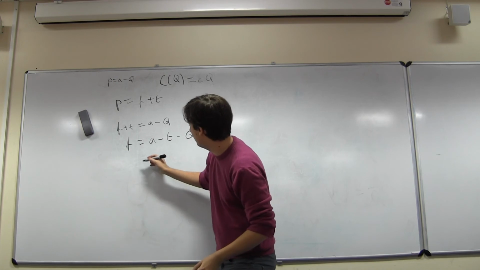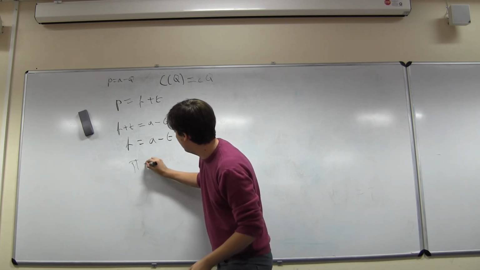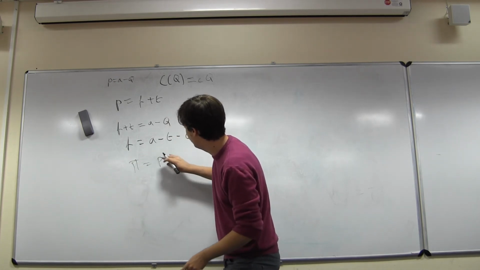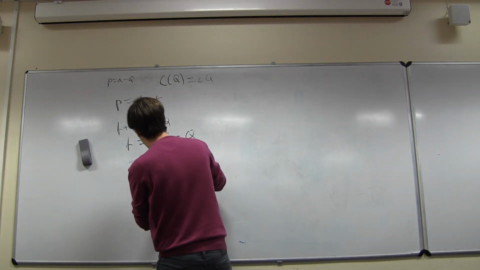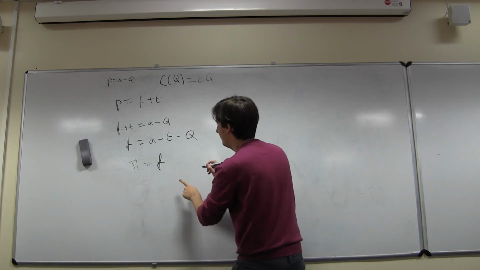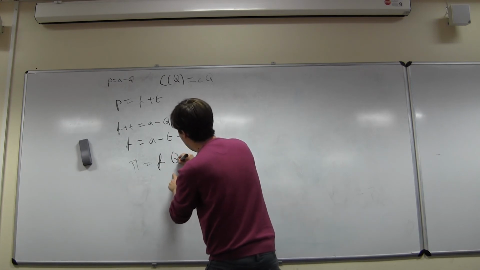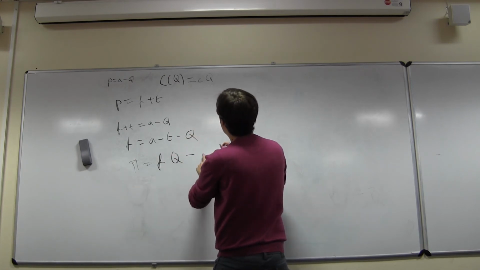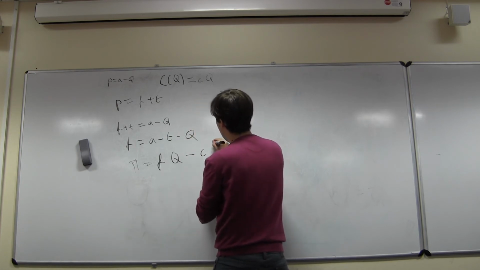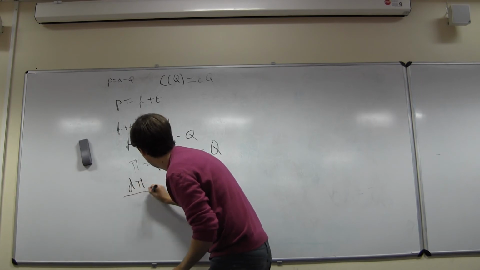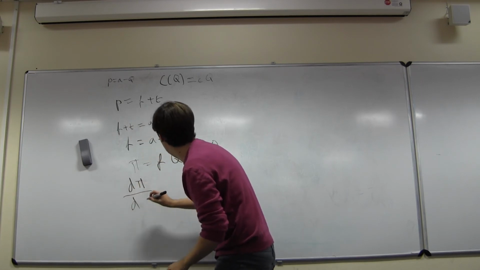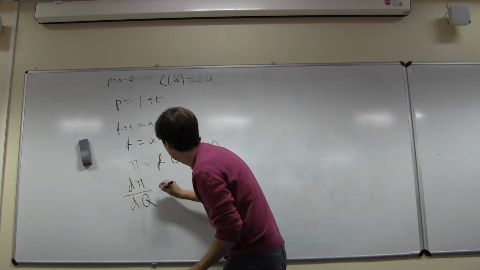So then what happens when we maximise profits? Well, this is going to be standard. Profits are going to be price times quantity minus costs, which was C times quantity. Here the price set by the firm we're calling F. So what's the derivative of profits with respect to Q?